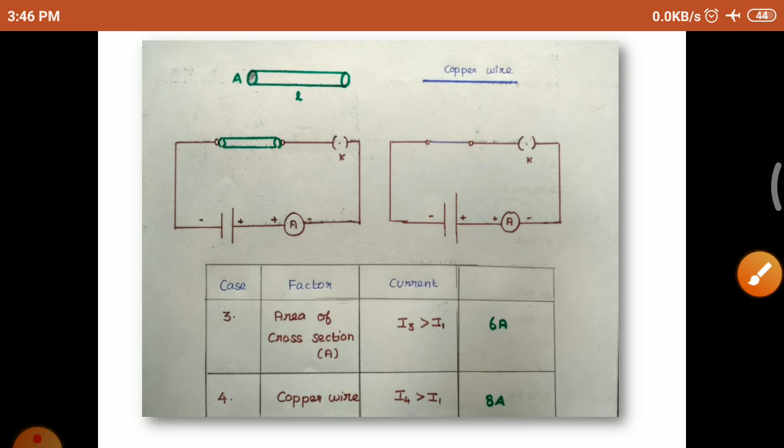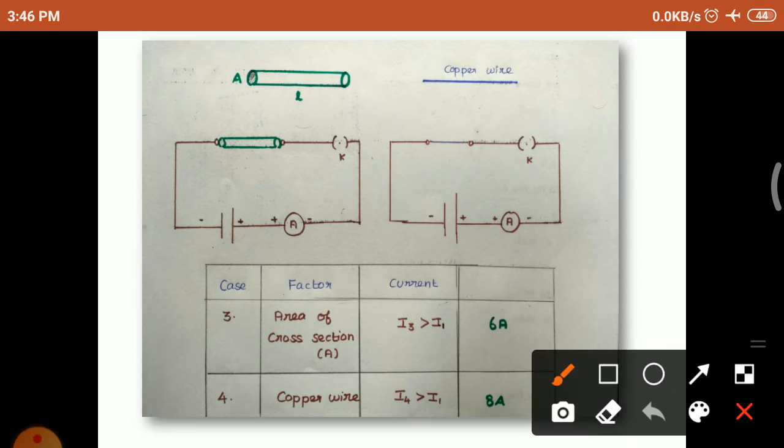Now I removed this nichrome wire of cross section A and took a copper wire. Here I changed the material from nichrome to copper. When I connected the copper wire in the gap, I measured the current.